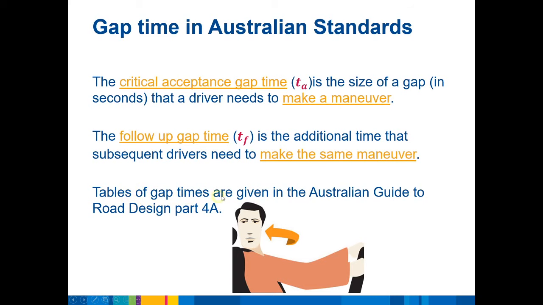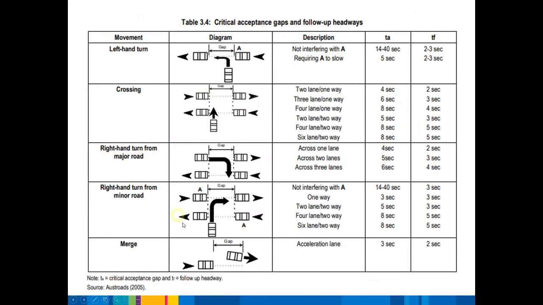And we can see there are some tables of gap times given in the Australian Guide to Road Design Part 4A. So this is that table here. We can see there are different gap sizes for different turns: a left-hand turn, a crossing maneuver, a right-hand turn into or out of a maneuver.